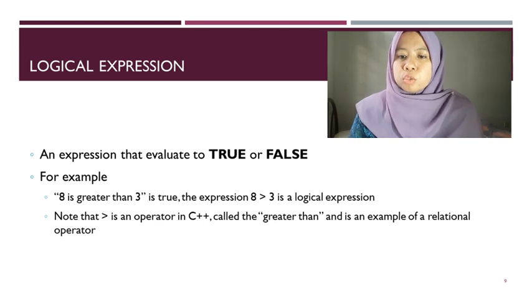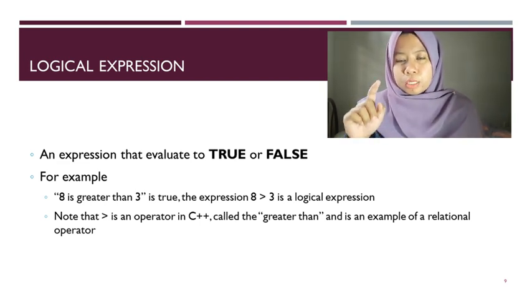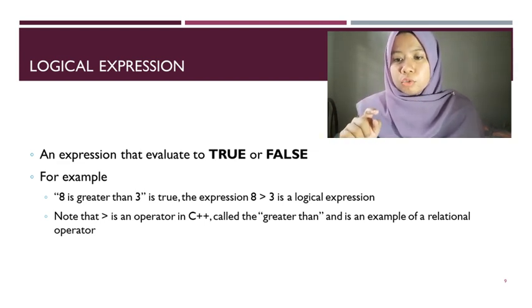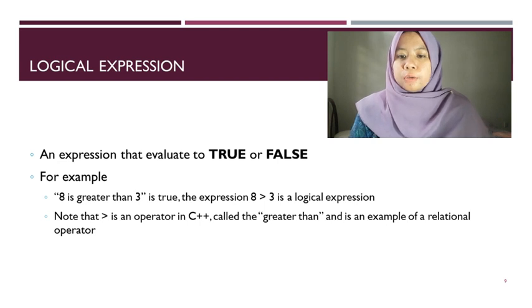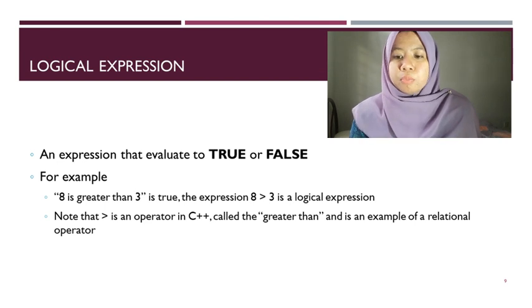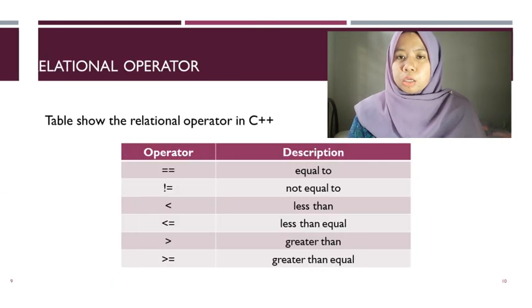For this statement, we use the symbol sign for greater than, more than. So 8 more than 3 is a logical expression. Greater than, more than is an operator in C++, and it is an example of a relational operator.